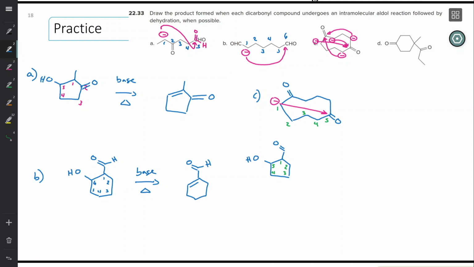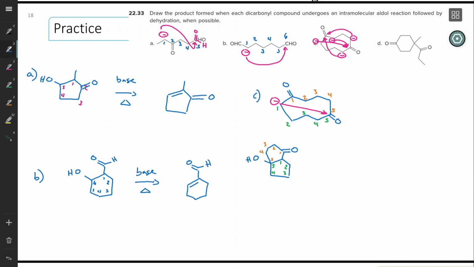But now, let's draw it this way. Okay, so now between my ketone here, 1, 2, 3, 4, 5 to this spot as well, okay? So 1, 2, 3, 4, 5. That makes that clear, right? 1, 2, 3, 4, 5.